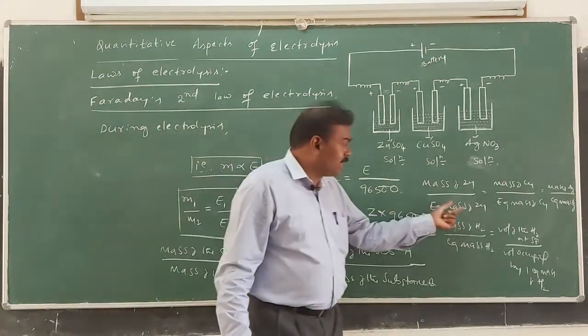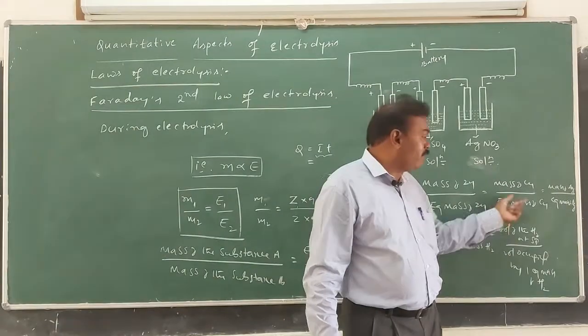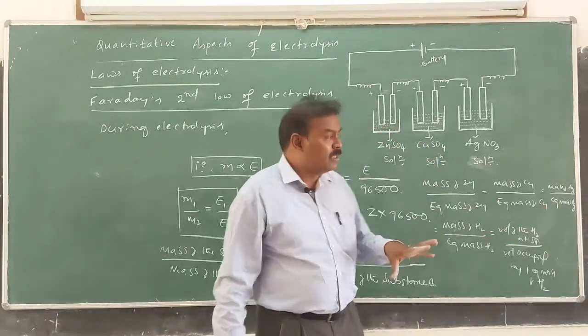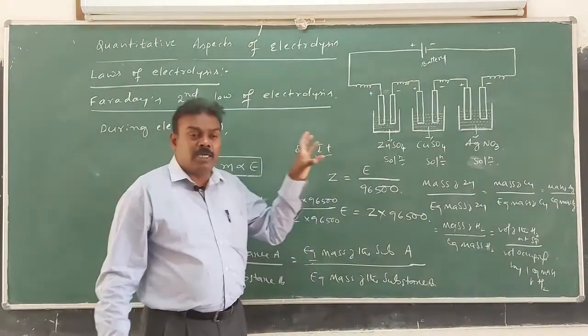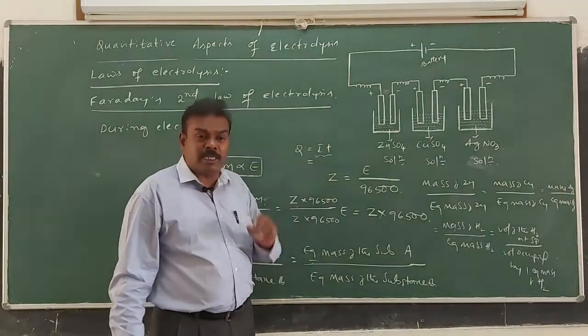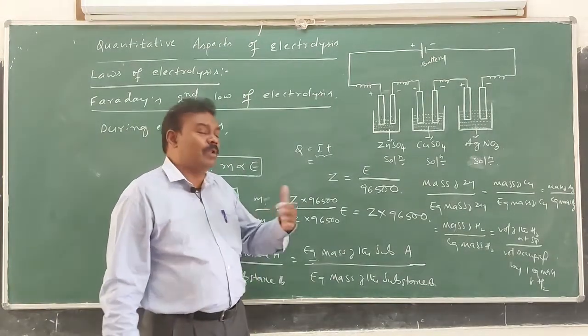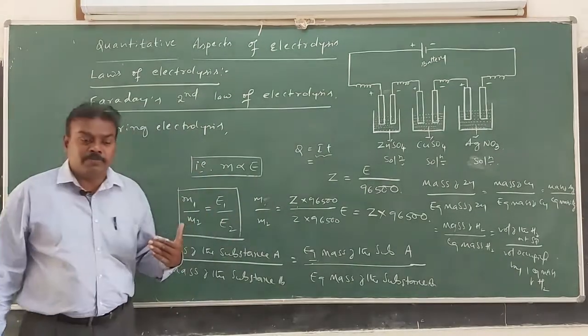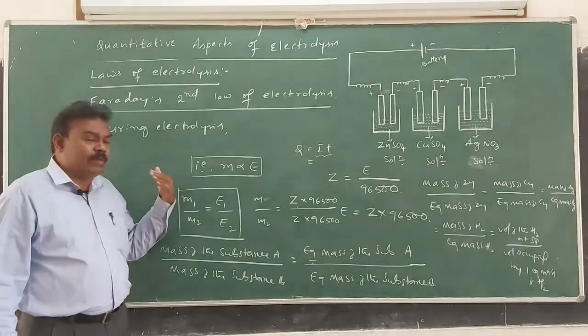Equivalent mass of zinc is different from that of copper, silver and hydrogen. So the quantity of electricity passed may be the same, but the amount of substance deposited at the electrodes will be different. This is very important in electrochemistry.